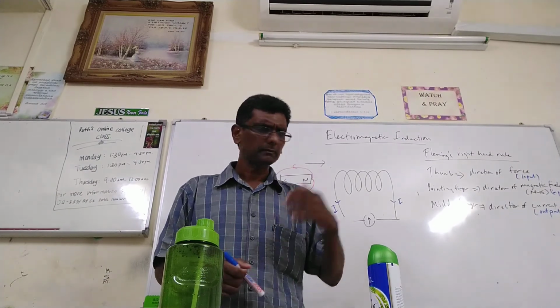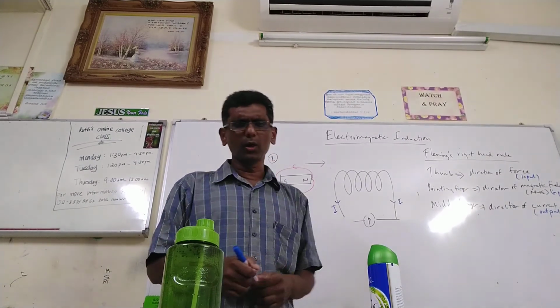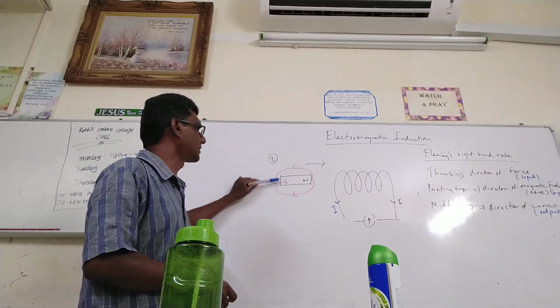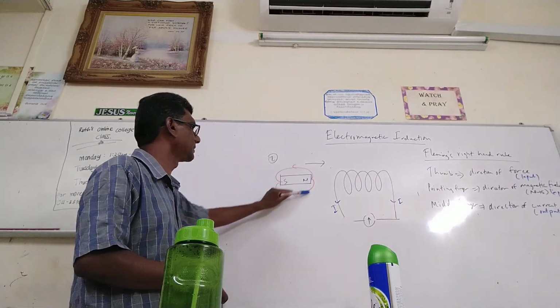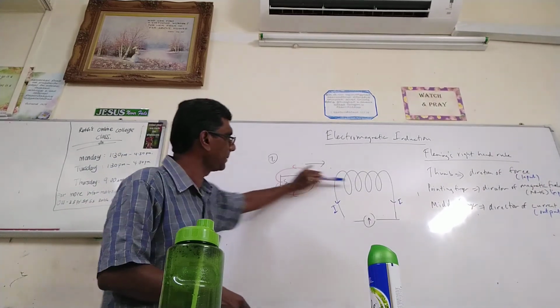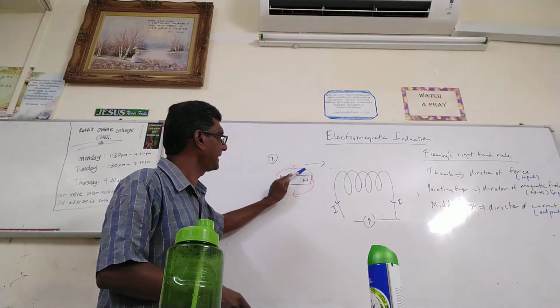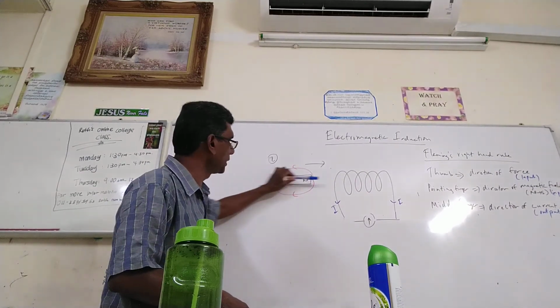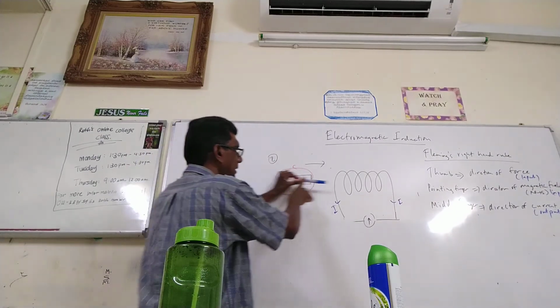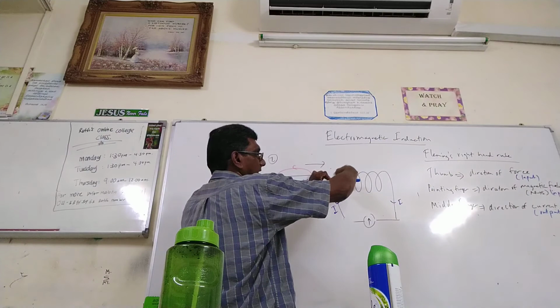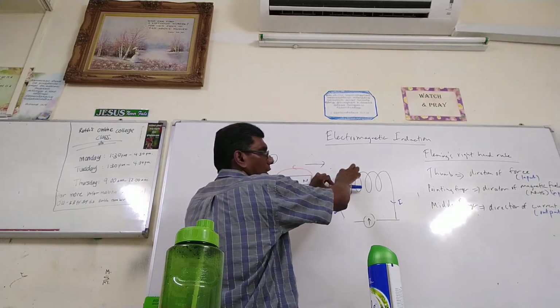And we also learned about the north pole and south pole, with magnetic field lines. When you push in the magnet, the magnetic field lines or magnetic flux around the magnet are cut by the coil.